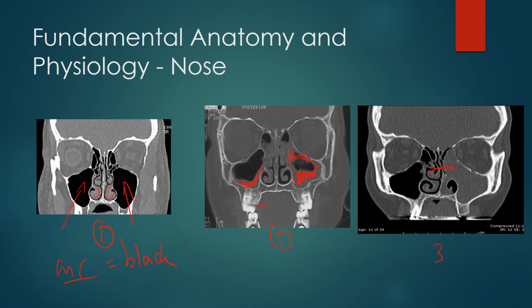This third image on the right is intended to demonstrate the importance of unilateral presentations. Something I haven't really mentioned yet is that in ENT, they take unilateral presentations really seriously.